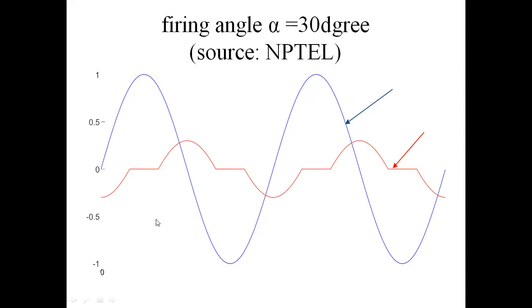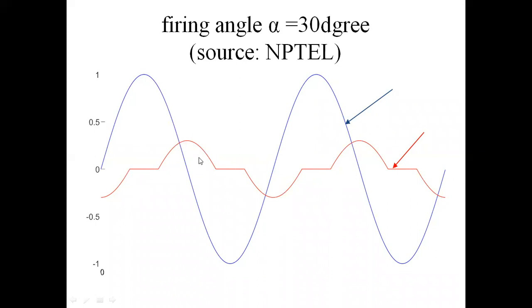Here 90 plus 30 is 120 degrees. The current waveform starts from here, and this period is the total conduction period. This is the alpha value, the firing angle. When increasing the firing angle, the magnitude of current decreases.